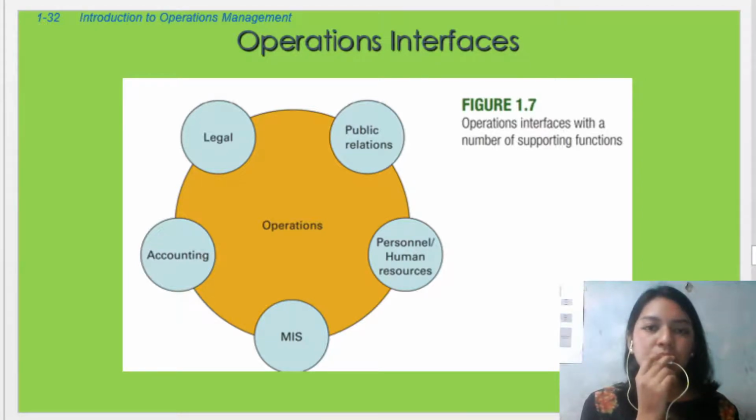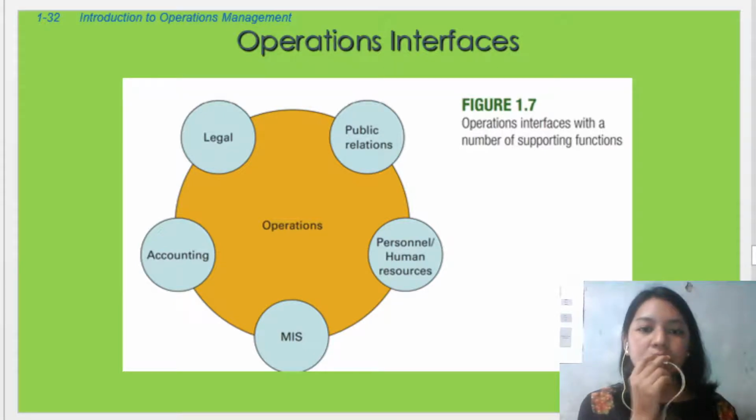If the operations department doesn't know any legalities or contracts, they might reach a point where they could be sued, or they themselves would have to file a case against the business, because they do not have that knowledge. So this function supports operations in such a way that contracts and agreements are secured.